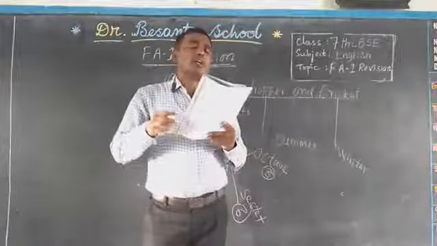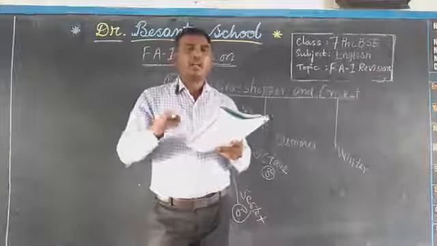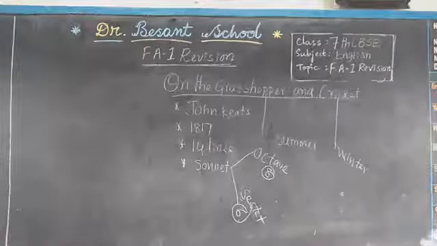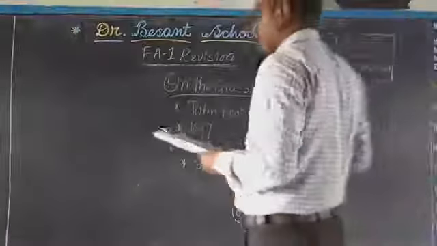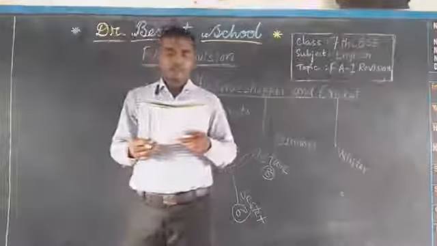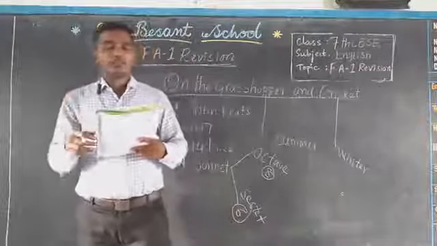The theme of the poem is that poetry and music in nature don't perish. Children, did you understand? Perish means no end. It will never be closed. So that is the theme of this poem.